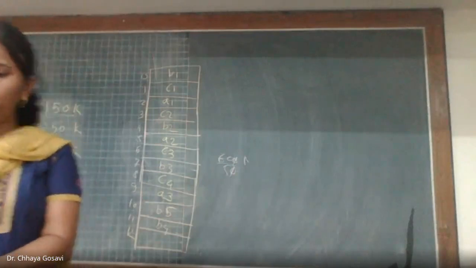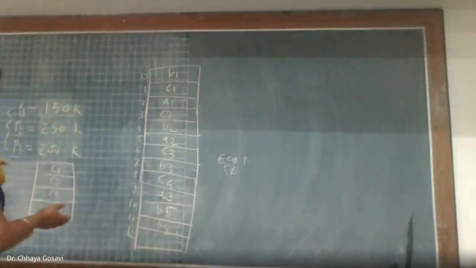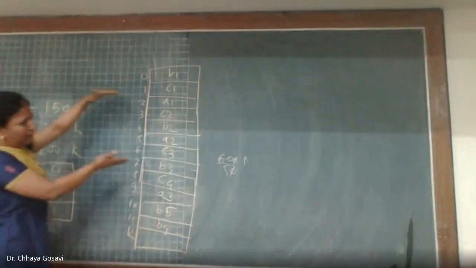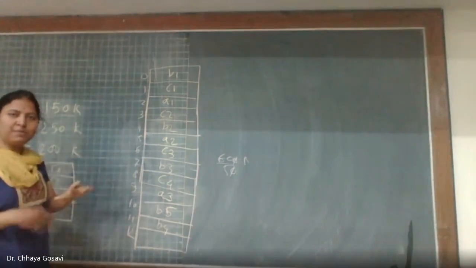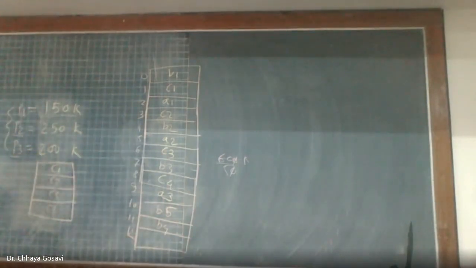So in case of contiguous allocation, the requirement is that the complete process should be loaded in main memory and in a sequential manner, which creates a problem of external fragmentation, as well as processes having to wait till the previous process leaves the main memory. In case of non-contiguous allocation, there are 2 methods. First one is paging.